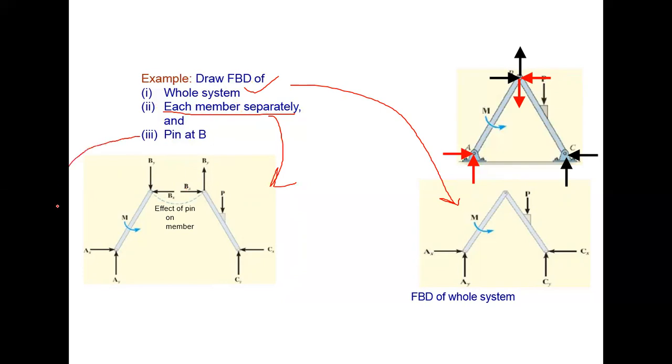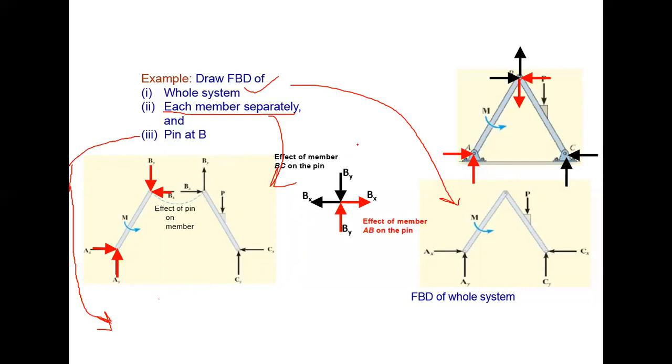Next, we have to show the FBD of the pin at B. So how many reaction forces are acting at point B? Four reactions are acting. So let's draw the FBD.